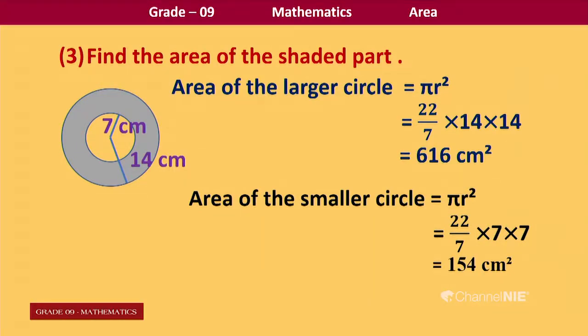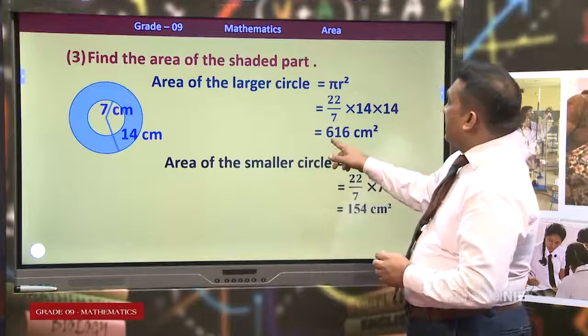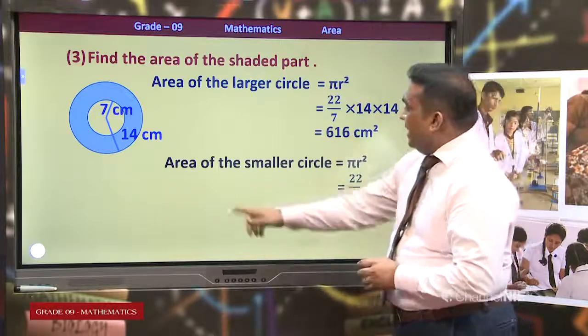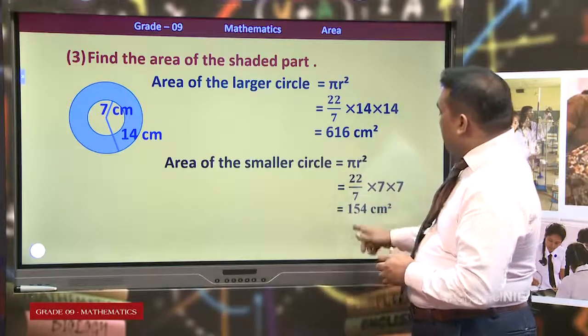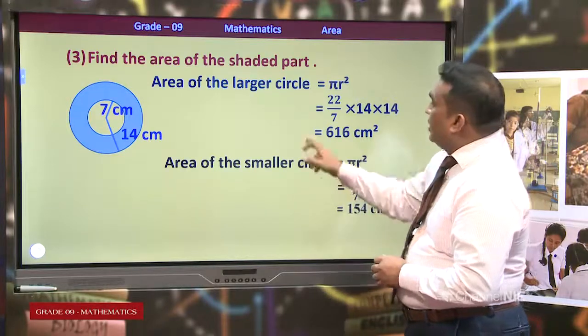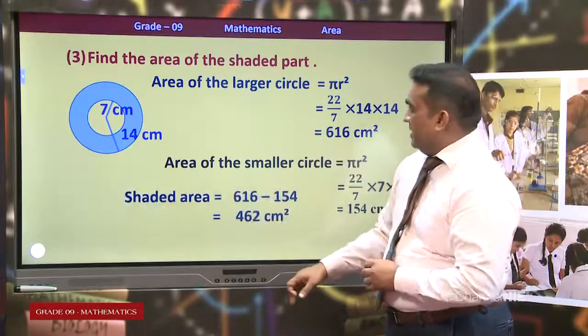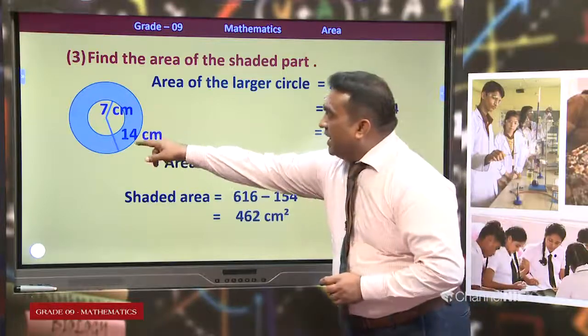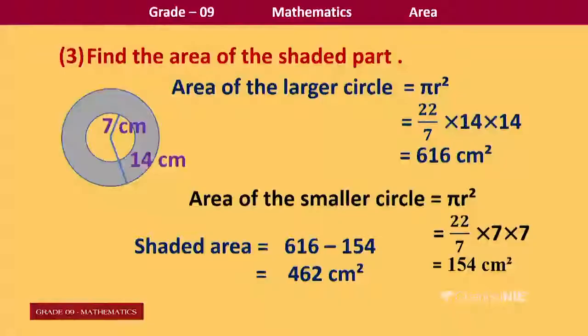Now you have the area of the larger circle as 616 and the area of the smaller circle as 154, then you can take the difference to find the shaded area. Shaded area equals 616 minus 154. Now you have 462 square centimeters.